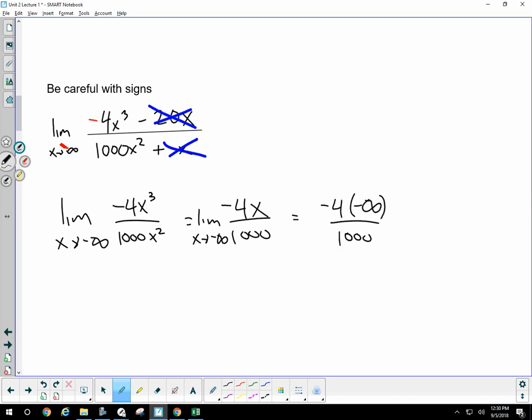We think, oh, negative infinity would lead us to negative infinity. But a negative times a negative gives us a positive large number. Divided by a positive keeps it as a positive large number. So this is actually approaching positive infinity. Okay, so plugging in to make sure you have the correct signs in the correct direction, very important. This tells me that if I look to the left, I'm going up. So that's the end behavior to the left with this function.